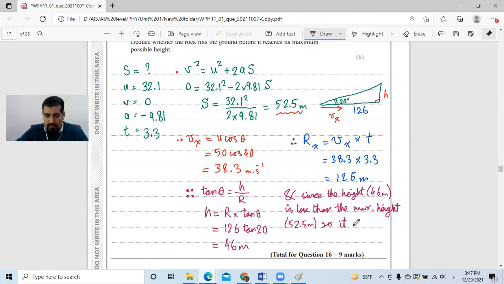It reaches the maximum height before landing. That's one way to answer the question. There are other ways.